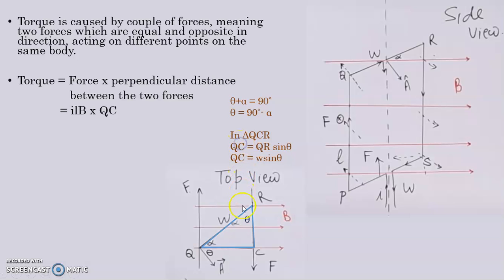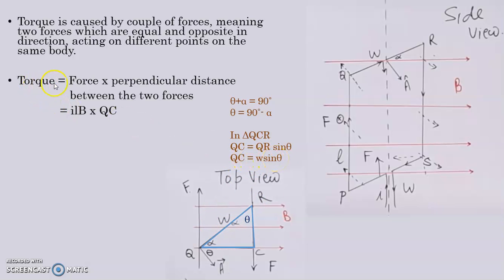So angle R will be equal to theta. In this right angle triangle QRC, QR is hypotenuse. QC is the side opposite to angle theta. So QC will be equal to QR sine theta. The measure of QR is W. So instead of QR, we will substitute it as W, and QC will be equal to W sine theta.